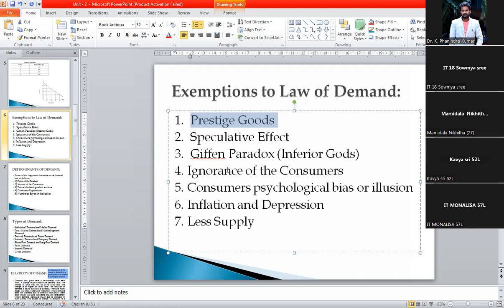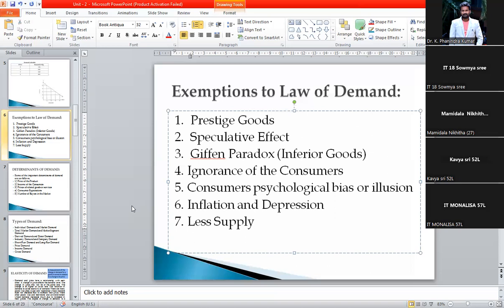And next, an economist called Giffen has given a paradox. He gives a suggestion regarding inferior goods. What are these inferior goods? The goods which people purchase routinely, such as bread, butter, jowar, wheat, and whatever other things there are, are called inferior goods.